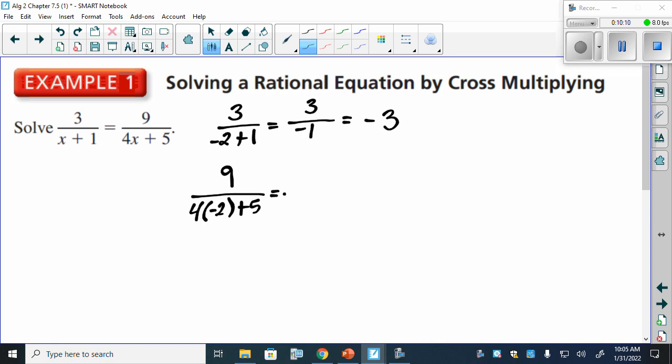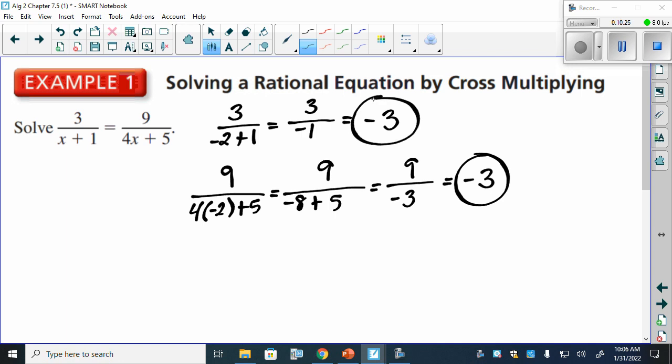The denominator: well, 4 times negative 2 is negative 8, and negative 8 plus 5 is negative 3, and 9 divided by negative 3 is negative 3. Both sides of the equation give us the exact same thing, and we don't have a division by 0, so that is the correct answer. Any questions on this here? We're ready for the next one.